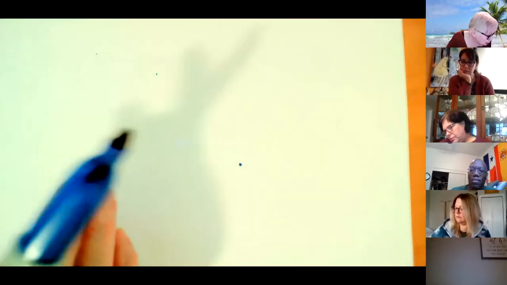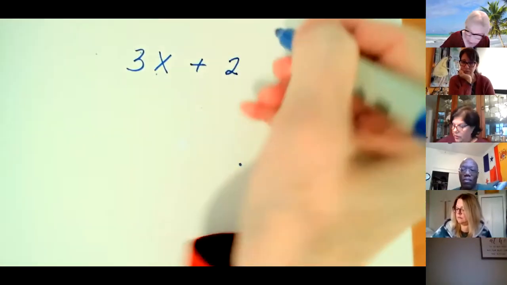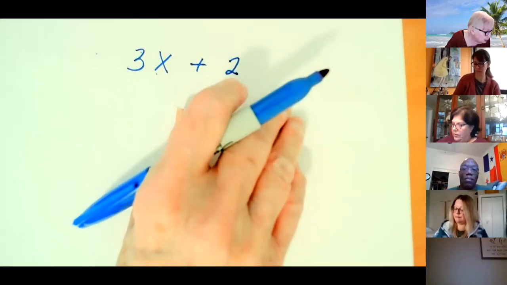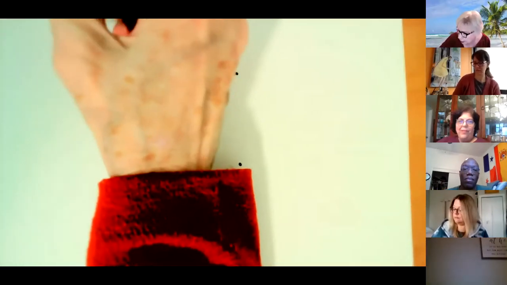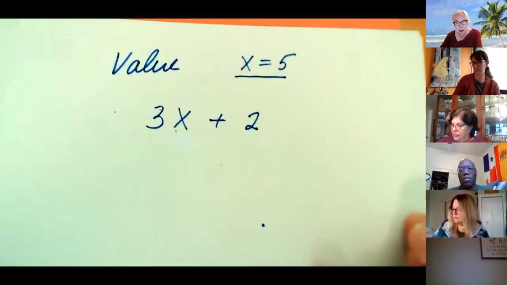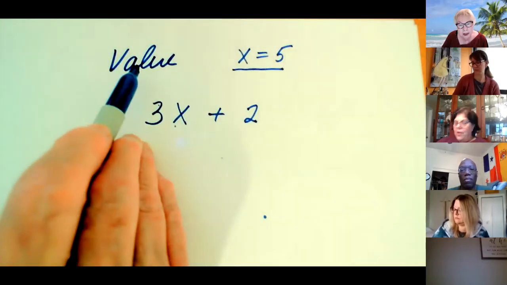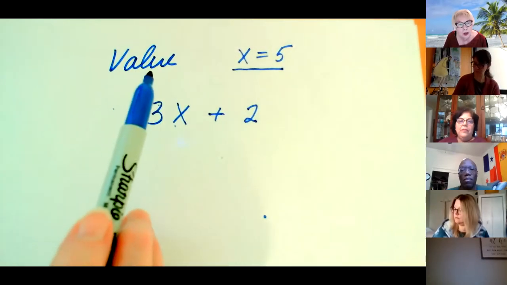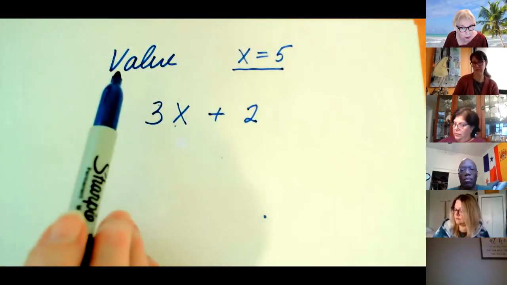So here's another one. This is another skill they're asking you to do. The instruction would say, find the value of the expression when x is 5. Let me bring it down so you can see it. In some books, they use the word evaluate, which is really the same word.